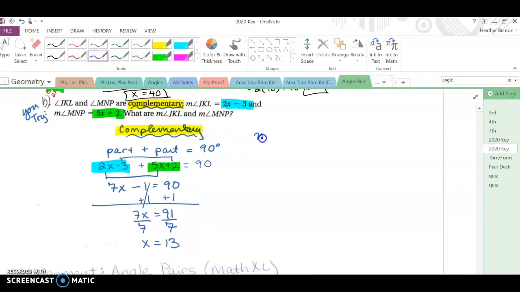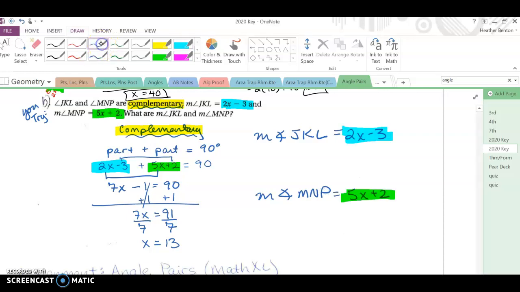What is the measure of angle JKL and the measure of angle MNP? Okay, so we're going to plug these in. So that would be 2 times 13 minus 3. So that's 26 minus 3, or 23. And if we did this correctly, MNP should be 90 minus 23, right?